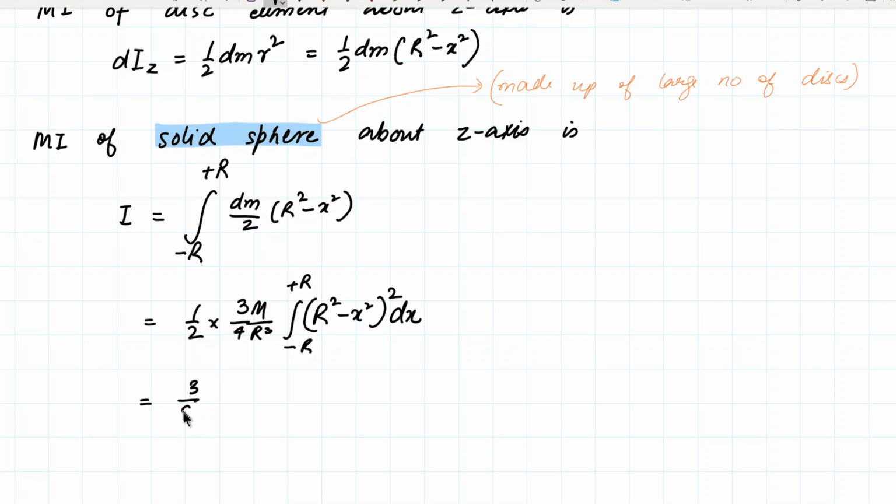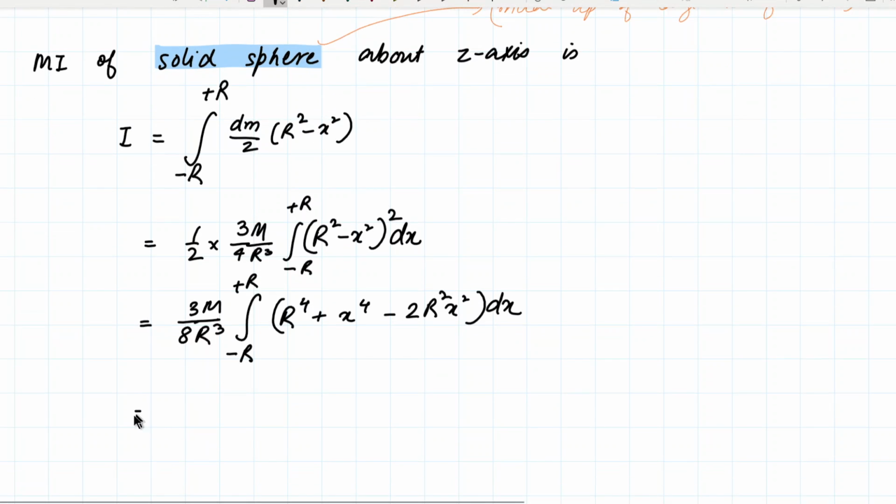to 3/8 m upon r cube, integration from minus r to plus r, this becomes r to the power 4 plus x to the power 4 minus 2r square x square dx.